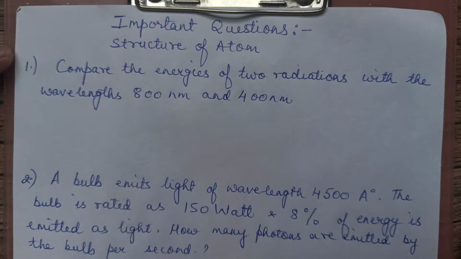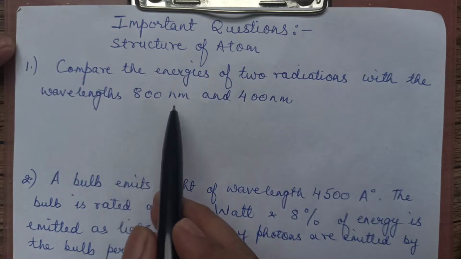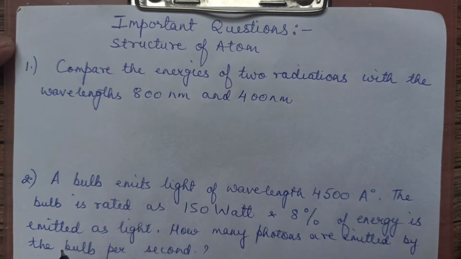Number one, it says compare the energies of two radiations with the wavelength 800 and 400 nanometer. Now, when you are comparing, you need not actually convert these nanometer into meter. Normally we convert it, but in this particular question we need not.